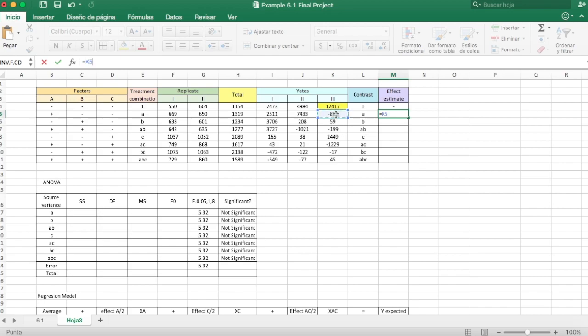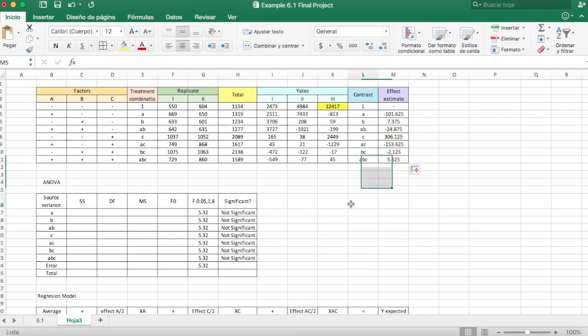So we have the contrast over 2 times 2, because there are 2 replicates, times 2 to the third, that is 8. And here we have it, and we just scroll down.